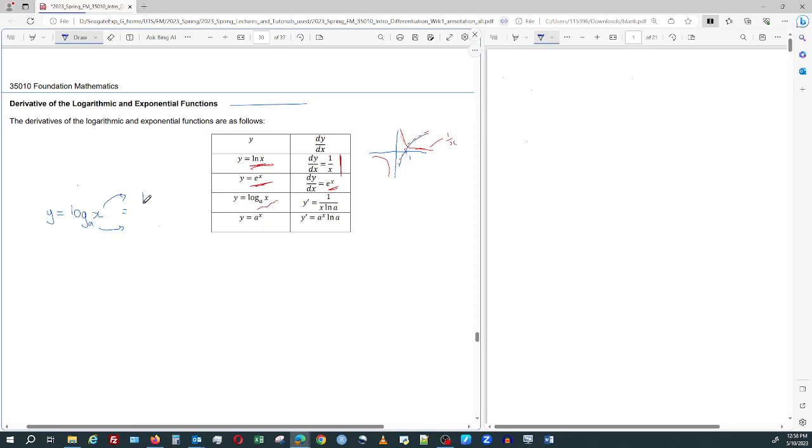Why do we use ln? Because it's convenient and we can. So it'll be ln of x over ln a. Now ln of a is a constant, so the derivative is the derivative of ln of x, which is 1 over x, and the constant stays. So we get 1 over x ln a. There it is. That's fairly straightforward.